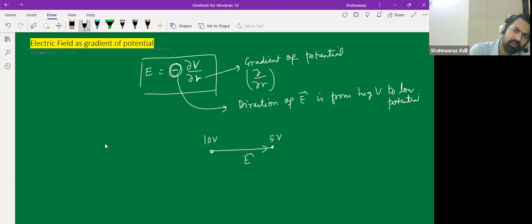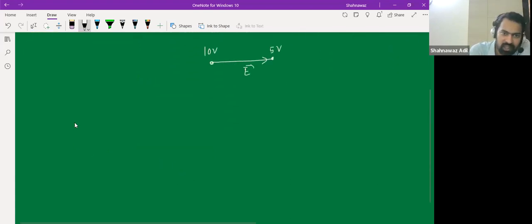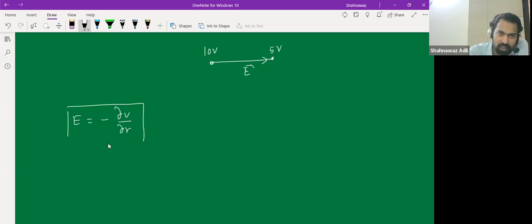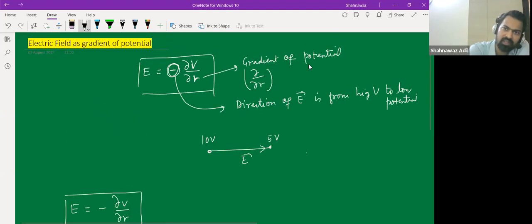This you have already learned in your CBSE class. So we can write electric field as minus of dV by dr. Yes, I will give some time to note it down.